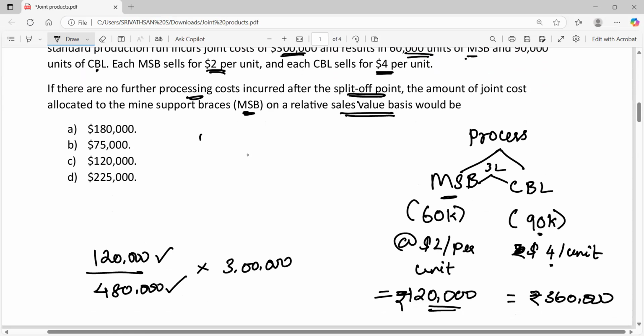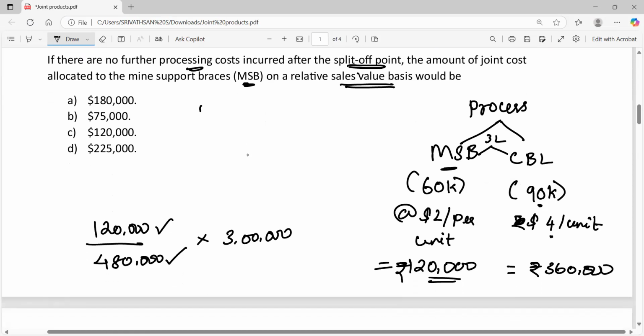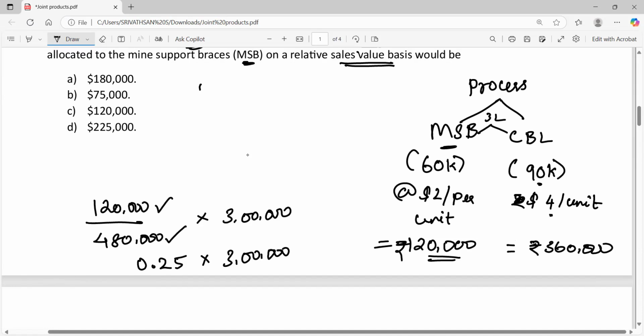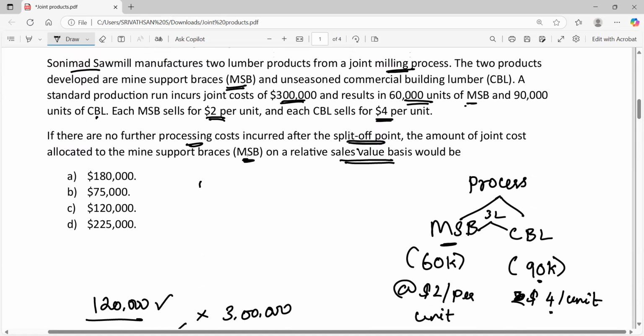So 1,20,000 by 480, we get 25%. So 25% of the sales value is contributed by MSB. So 25% into 3 lakh, we get 75,000. So option B is the right answer. So out of 3 lakh rupees, 75,000 should be allocated to MSB.